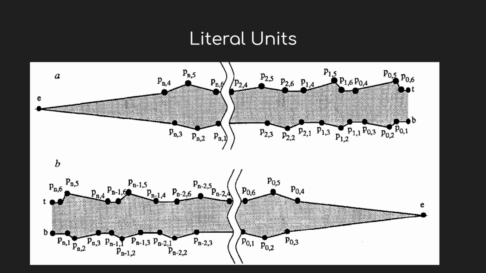For every clause, the literal is going to show up in at most n, which is all of the clauses. So it's going to have little bumps up there to represent all the clauses that it might be a part of.